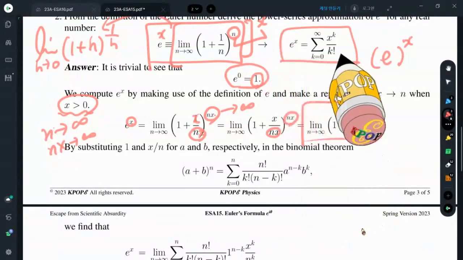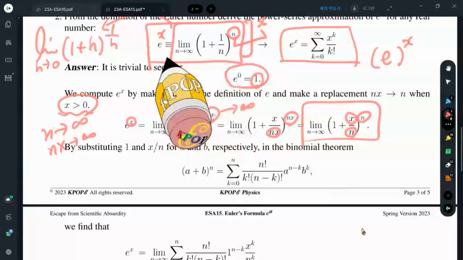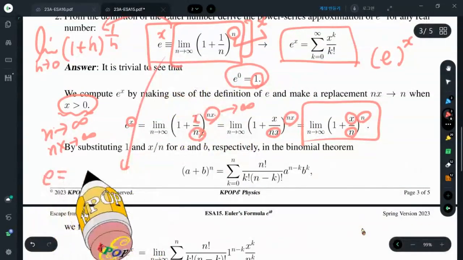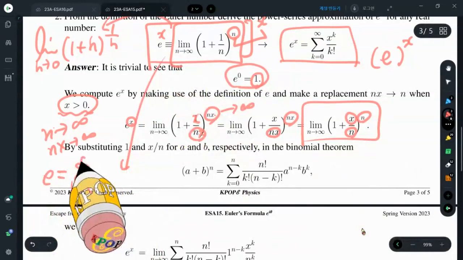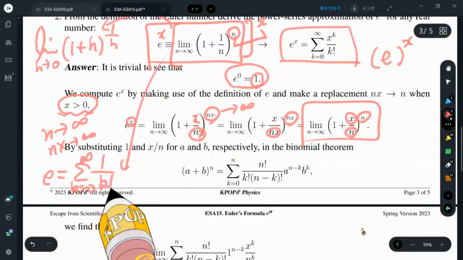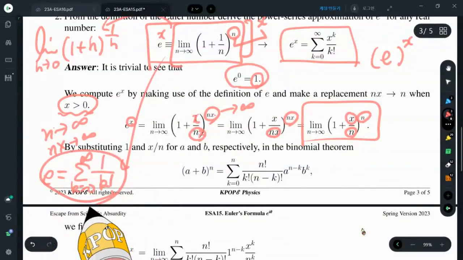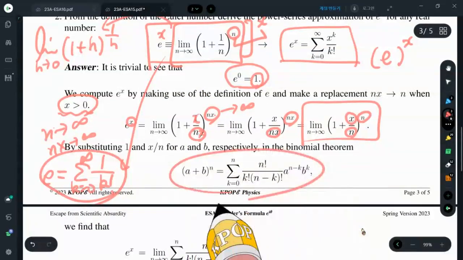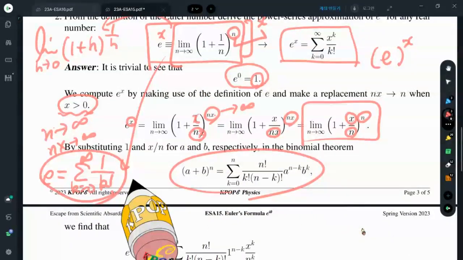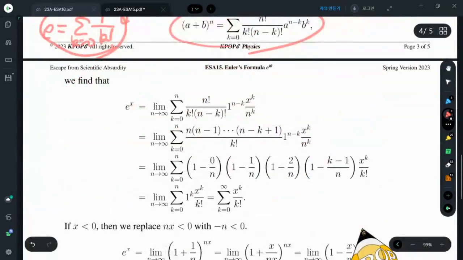So when we derive the expression that e equals the sum over k from 0 to infinity of 1 over k factorial, we made use of the binomial expansion. And applying binomial expansion once again, what we reach is this expression.